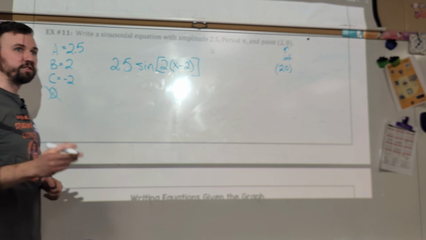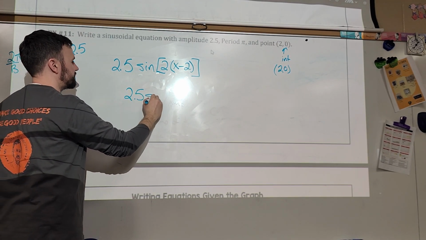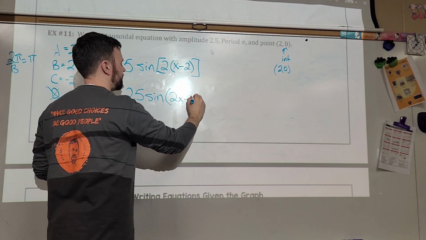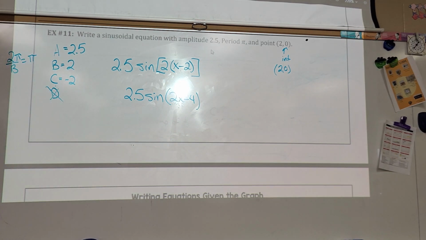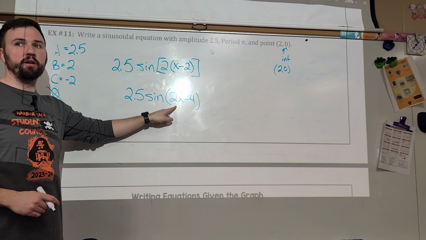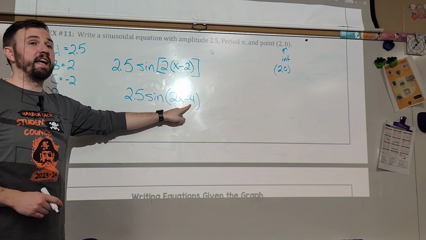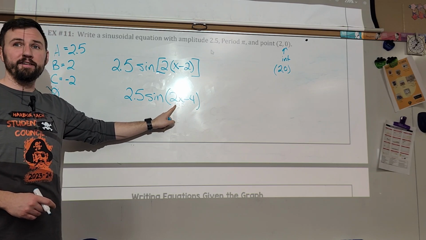Something I want you to notice though that might come up. If you see something like this, are these the same thing? Yeah. So if you see something like this, you need to factor out a number and get that x, because that -4 is not a shift right 4. You have to divide it by that number in front, right?